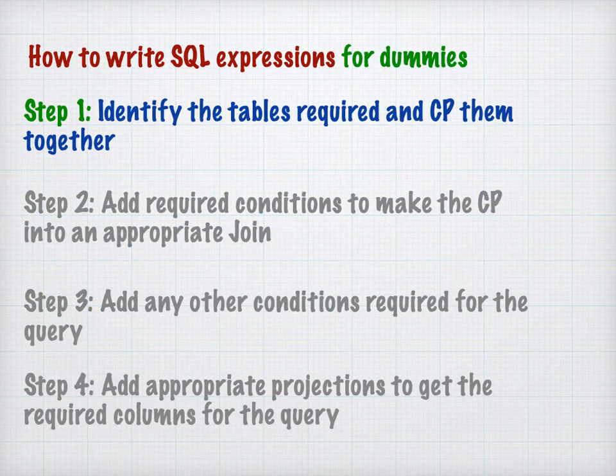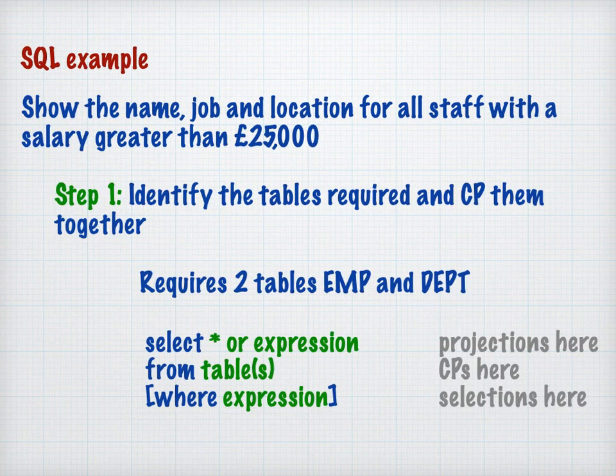So the first step is to identify which particular tables we're interested in. We know that we've got job, name, location, some information about salary. That's going to require us to use 2 different tables, the emp table and the department table. So step 1 says identify the tables. Well, we know it's going to be the emp and the department table, and what we need to do is Cartesian product them together.